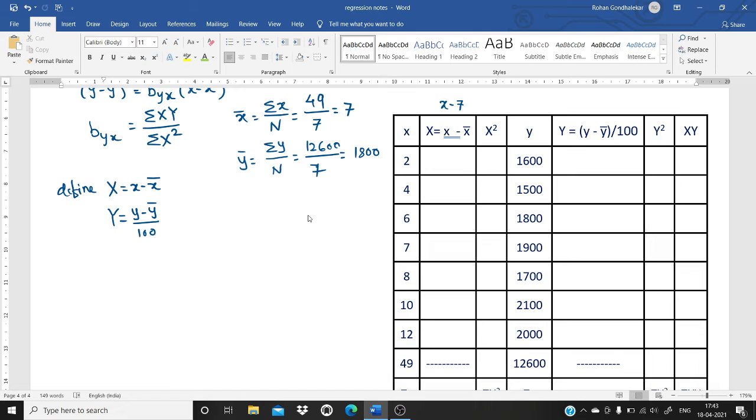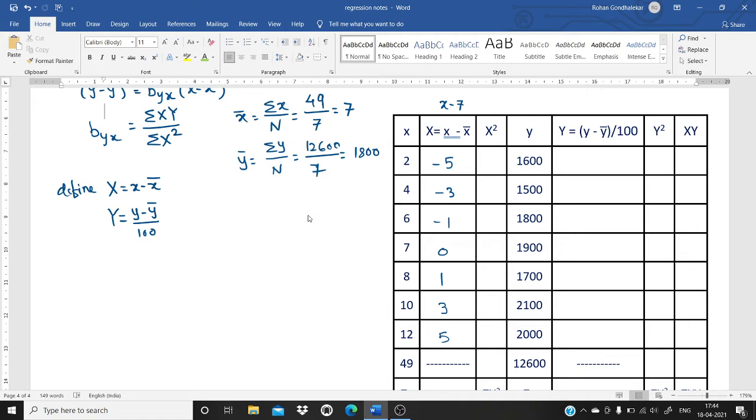So the first entry is 2. 2 minus 7 would be minus 5. Then 4 minus 7 will be minus 3. The next is 6 minus 7, which is minus 1. Then 7 minus 7 will be 0. Then 8 minus 7 is 1. 10 minus 7 is 3. And 12 minus 7 is 5.